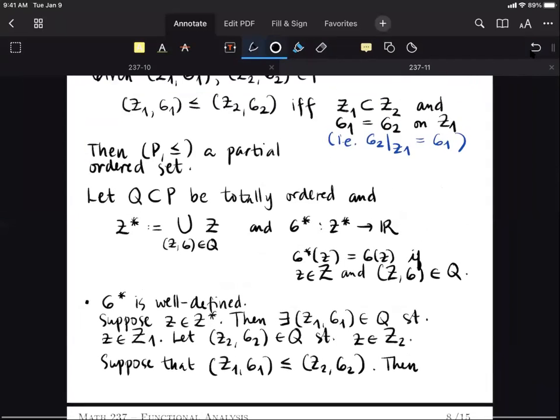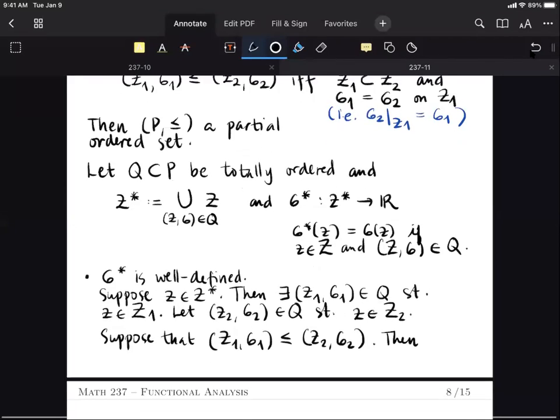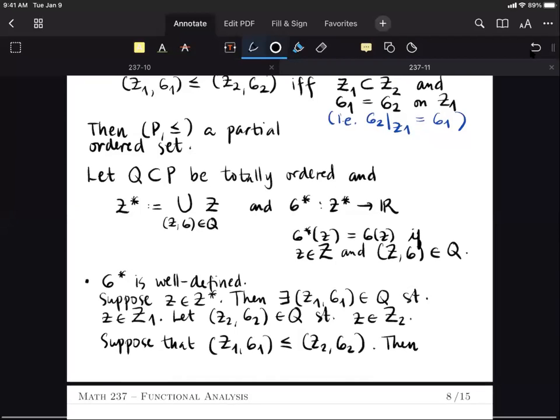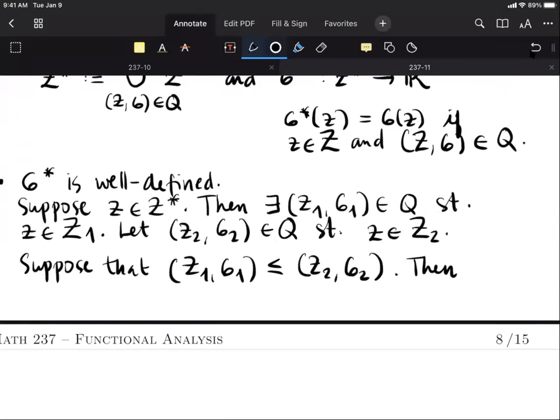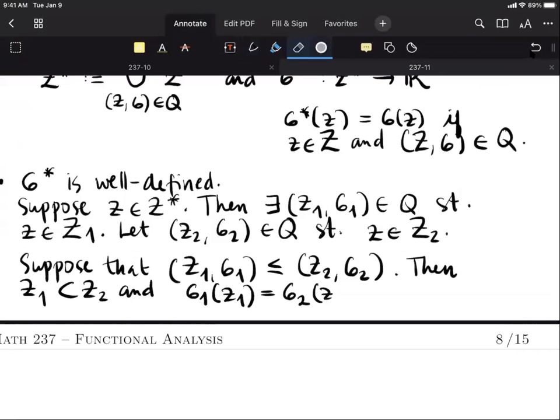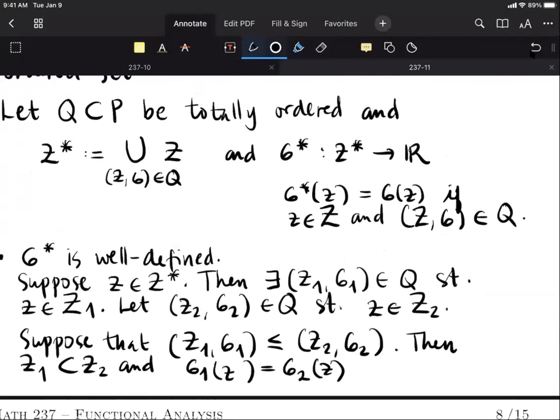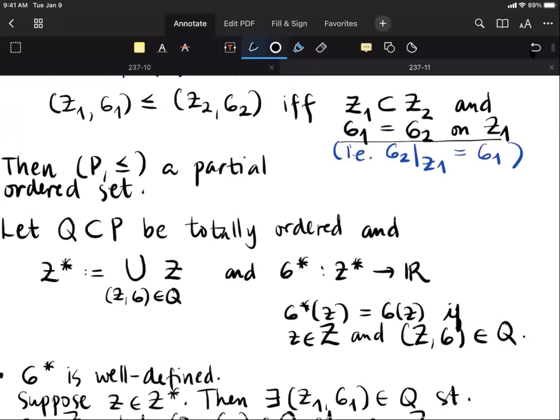Then, according to this relation here, Z1 is a subset of Z2, and G1 of z is equal to G2 of z, since that is the way we have defined this relation.